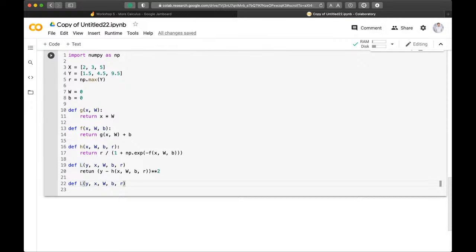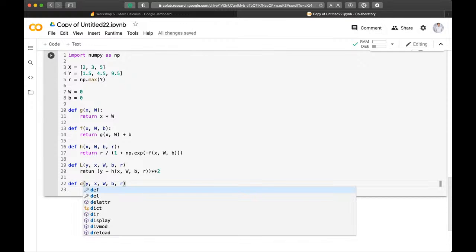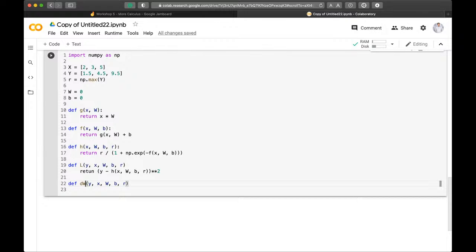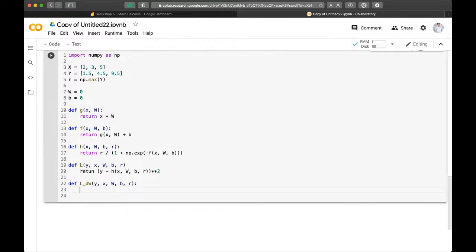So dL with regards to dv, L with regards to v basically. So this is going to be all of the stuff that we need, right? And we can just use the, okay, I have a mistake here, nobody told me. So return all of the stuff that we wrote before.